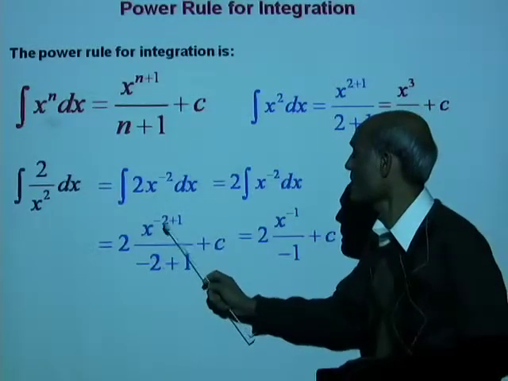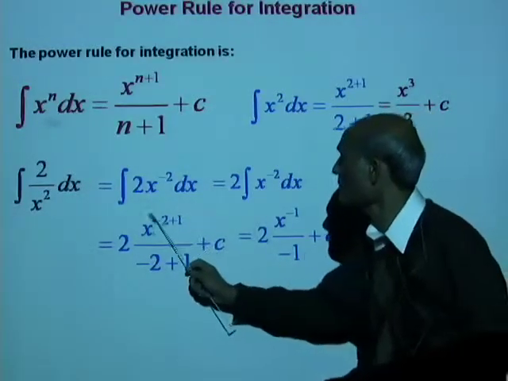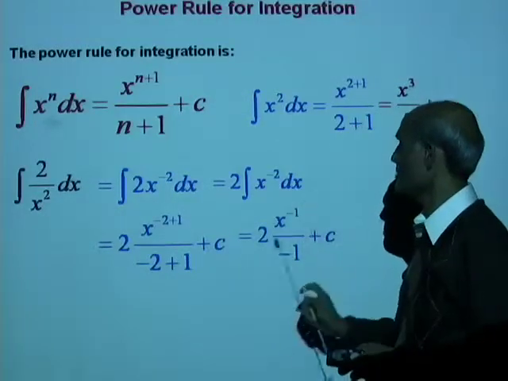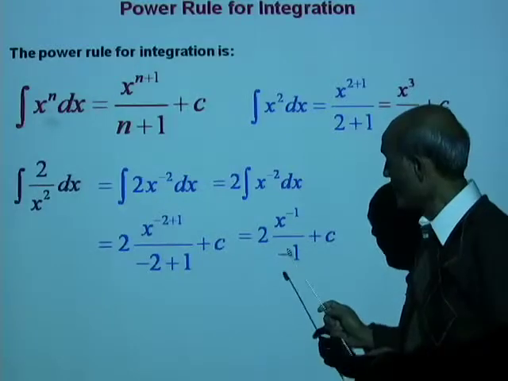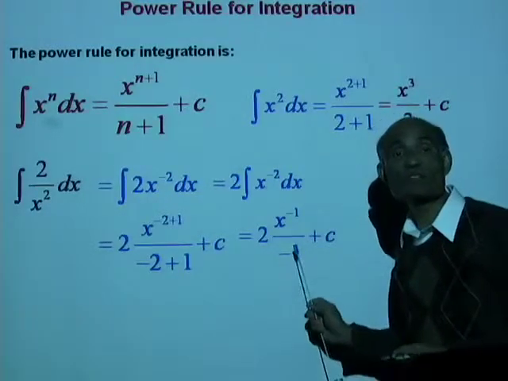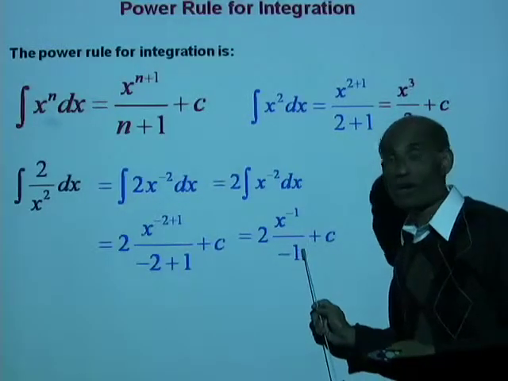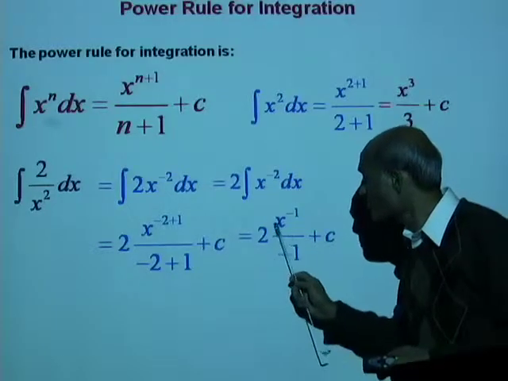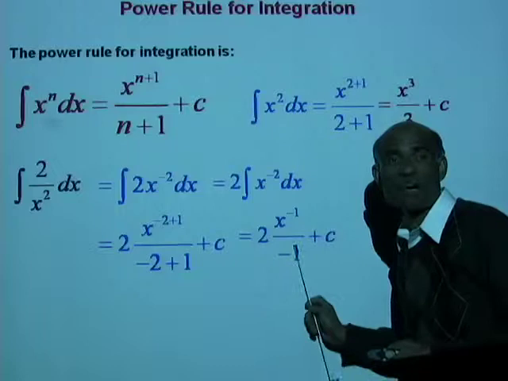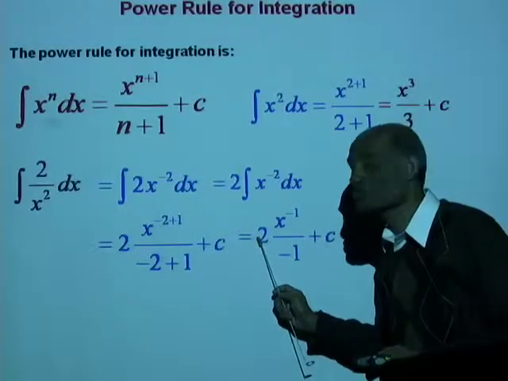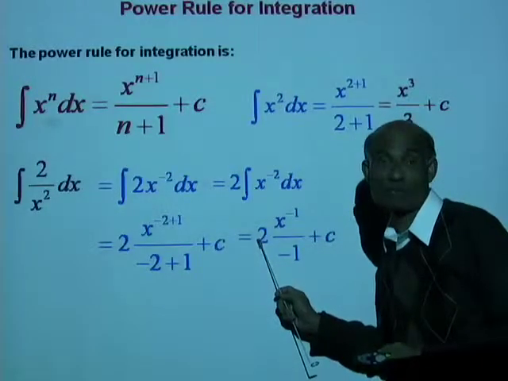That will be 2 times x to the power of negative 2 plus 1, which is negative 1, and the denominator is negative 1. Now, there are 2 things that you need to do here to simplify. One is this negative 1 makes the whole quantity negative. So I can remove that negative 1 and write this as negative 2, right?